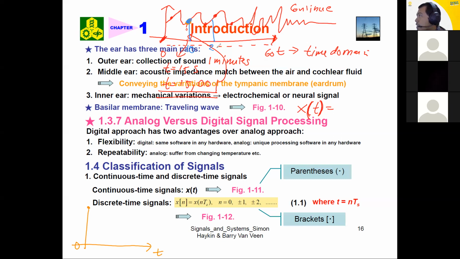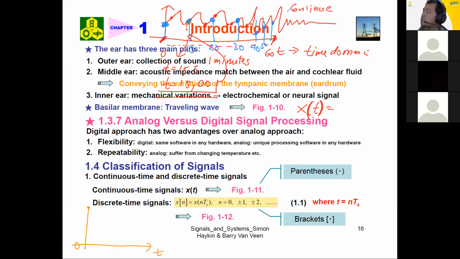This is 20 second here, this one 30 second, 40, 50, and this 60. This is the result of discrete.